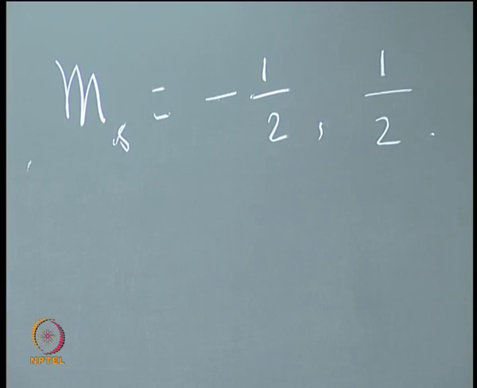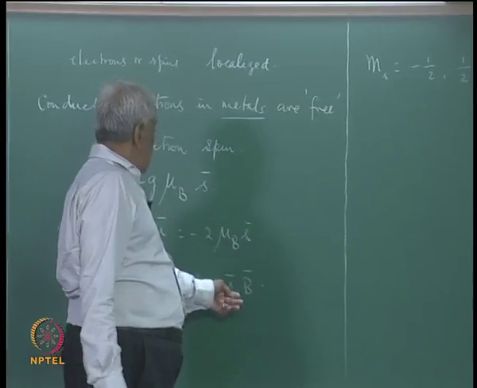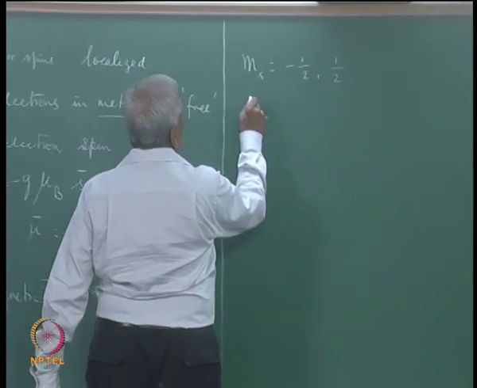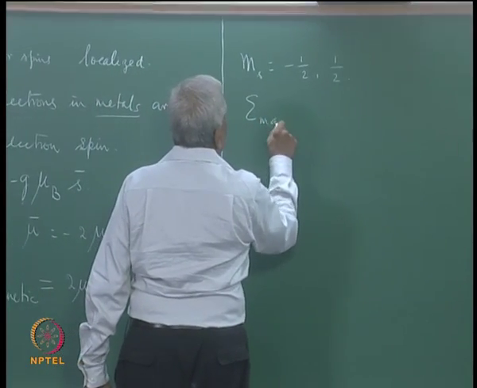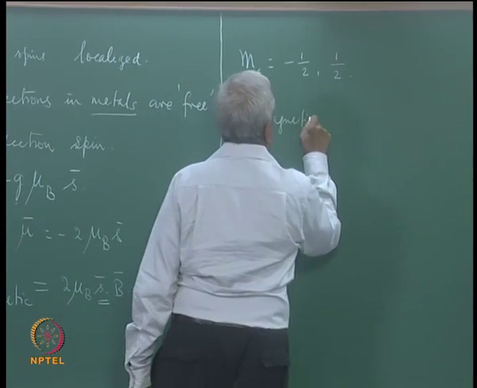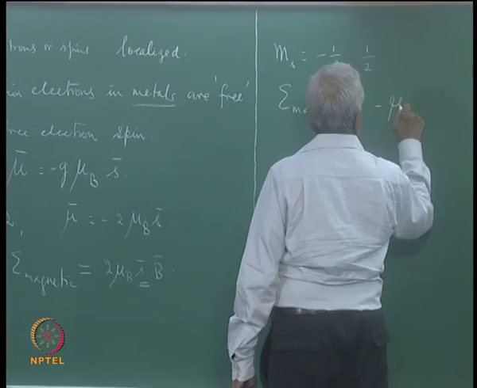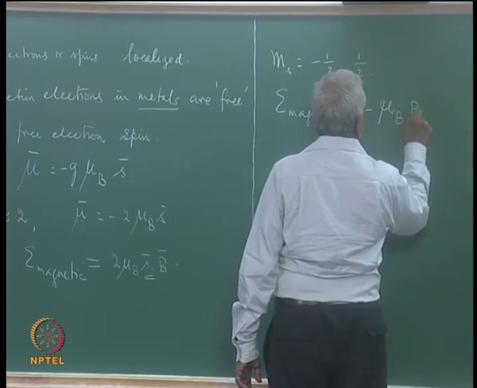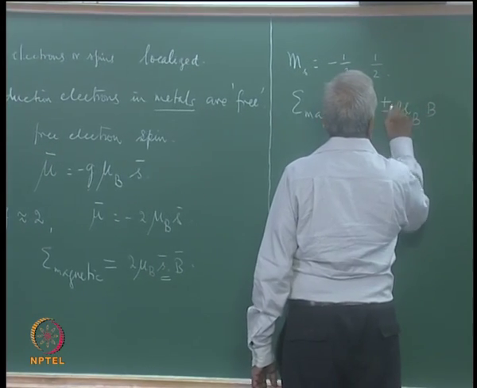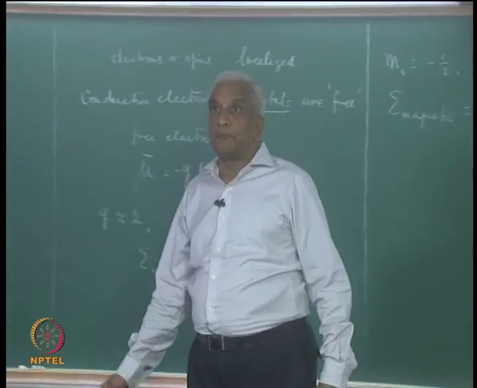So, corresponding to the two different configurations, the magnetic energy turns out to be plus or minus mu_B B.